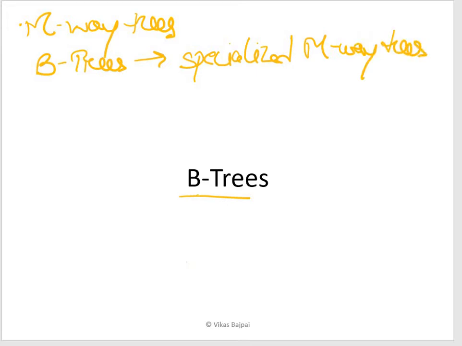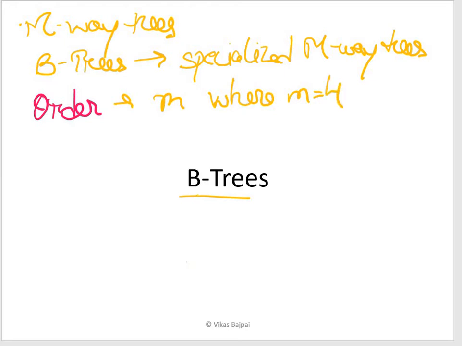So, what is special about this B tree is that it has something called order. Suppose I have a B tree with order M, where M is equal to, let's say, 4.